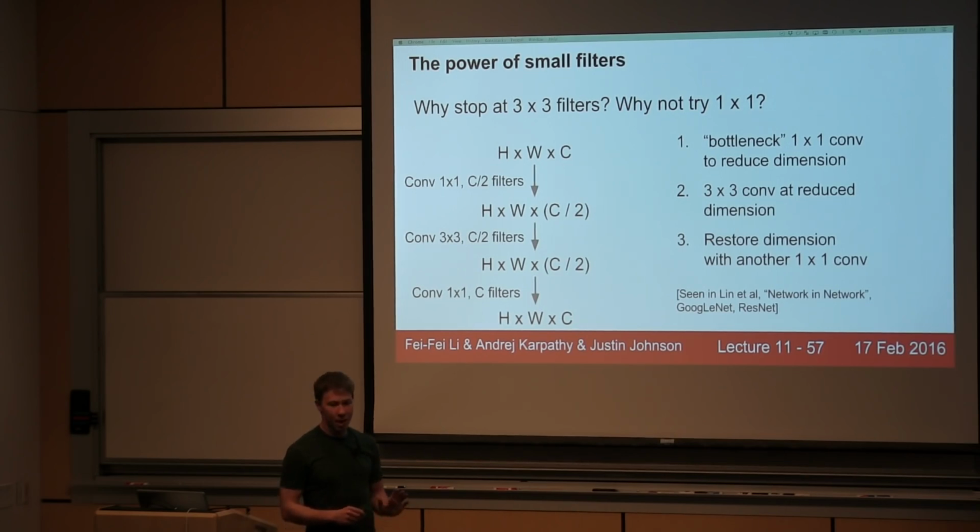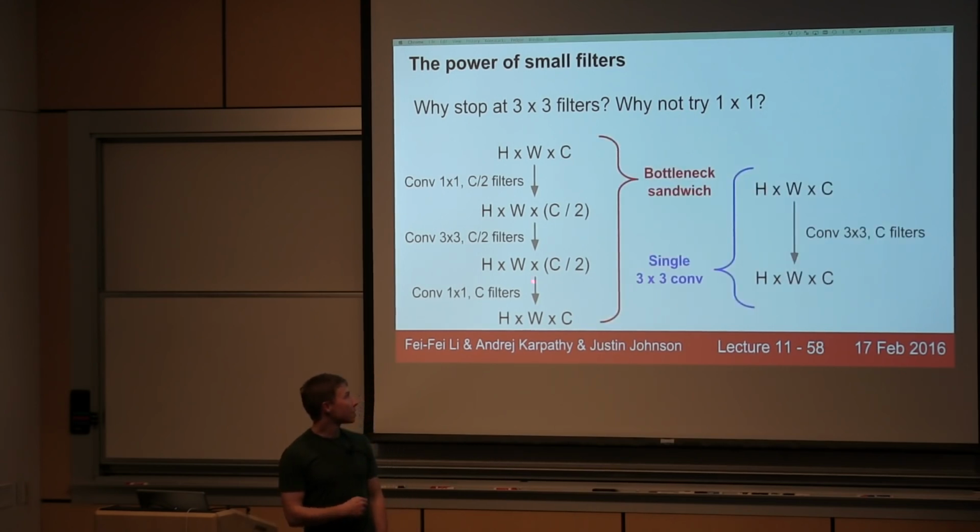So this is kind of a funky architecture. This idea of using 1x1 convolutions everywhere is sometimes called network in network, because a 1x1 convolution is kind of similar to sliding a fully connected network over each part of your input volume. This idea also appears in GoogLeNet and in ResNet, this idea of using these 1x1 bottleneck convolutions.